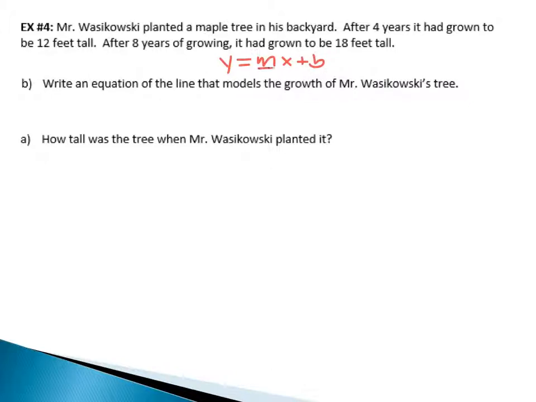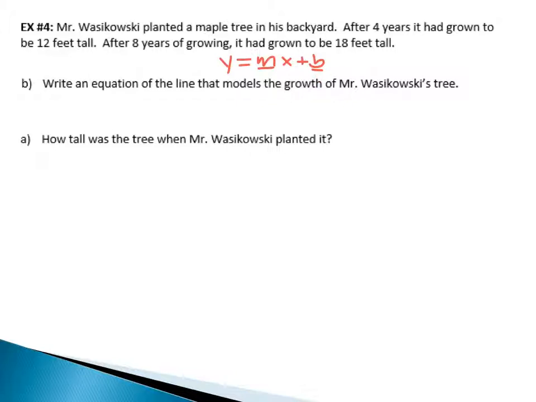In order to figure that out, I need the slope and the y-intercept. So remember our slope. Well, we want to figure out how much it's changing. In this problem, does it tell me how many feet the tree is growing each year? Well, no, it doesn't. Does it also tell me b, the y-intercept, or the initial value? Does it tell me how tall it was when I first planted it? Again, no, it doesn't.